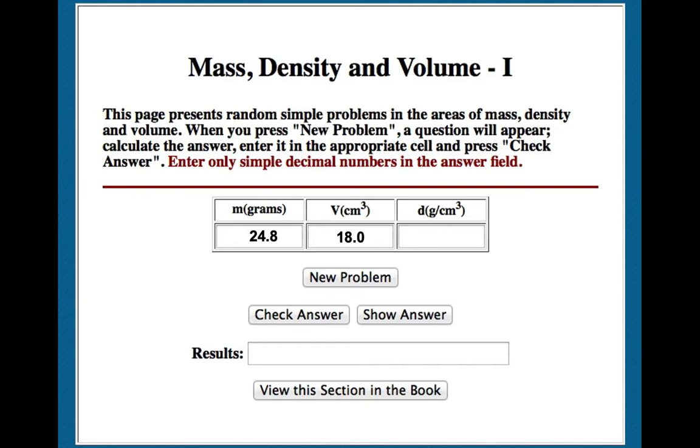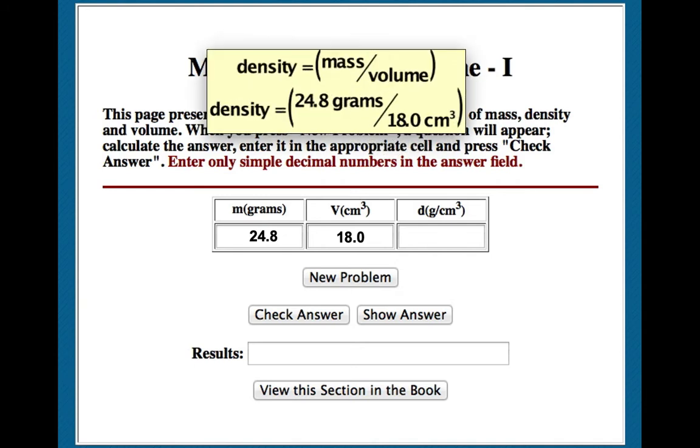All you have to do is type in the missing quantity. We have a mass, we have a volume. Density, we recall, is simply mass divided by volume. We substitute in our mass. Here's our volume. Do our division. 1.37.